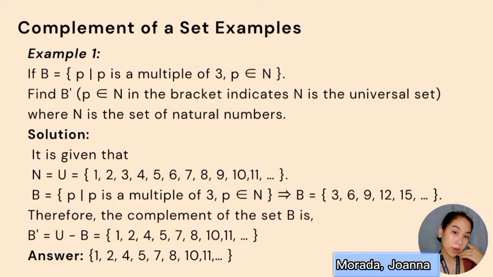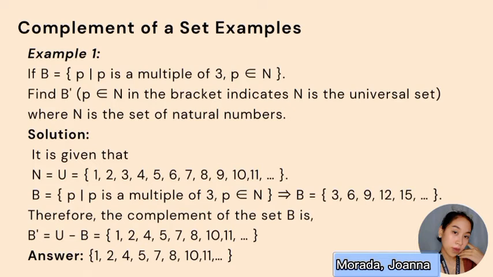It is given that N equals U is equal to the set of 1, 2, 3, 4, 5, 6, 7, 8, 9, 10, 11, etc. B is equal to the set of P, where P is a multiple of 3, P in N, and then B is equal to the set of 3, 6, 9, 12, 15, etc.